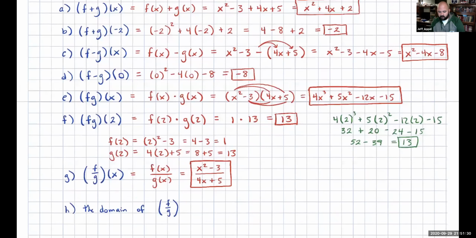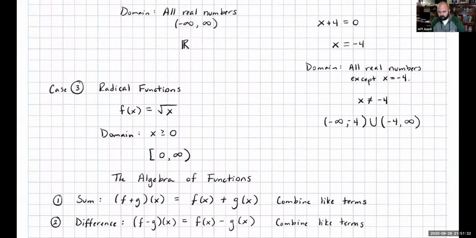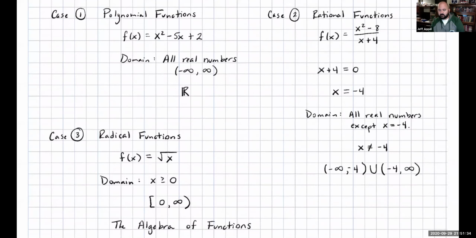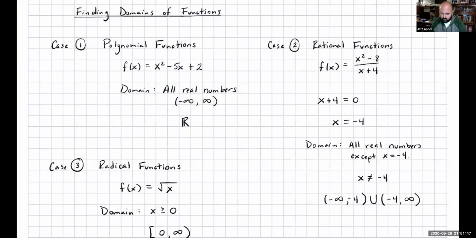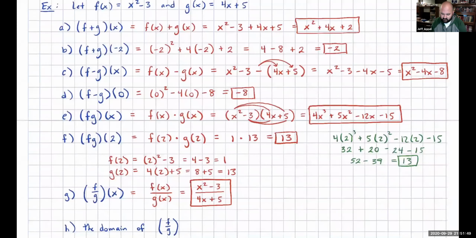Remember we did it. Let's scroll back up to the top so I can remind you. Right here on the right-hand side, case 2, rational functions. We took the denominator, set it to 0, solved it, and said the domain was all real numbers except for that value. So we're basically going to do that same thing, but for this function instead.